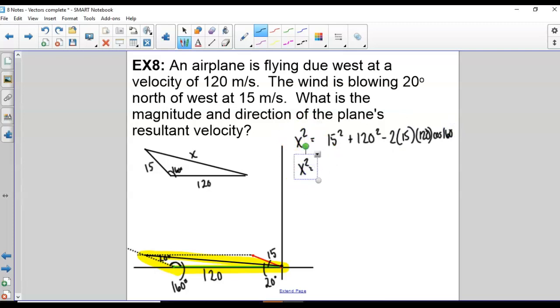So in the calculator, we should get like 18,007.893 if we square root both sides.